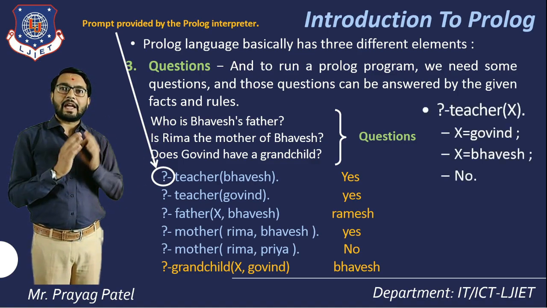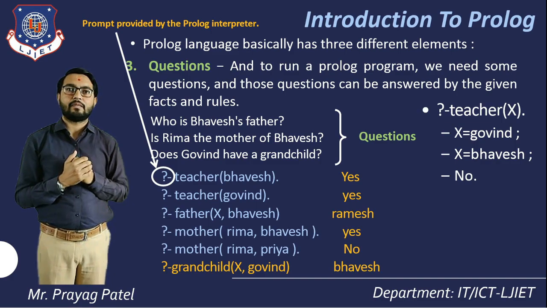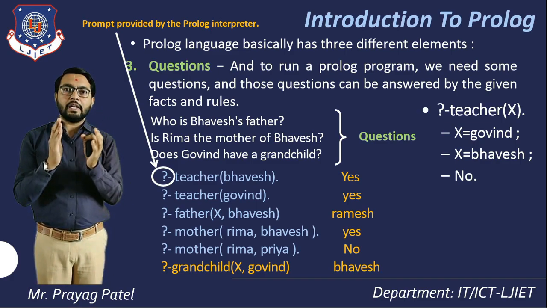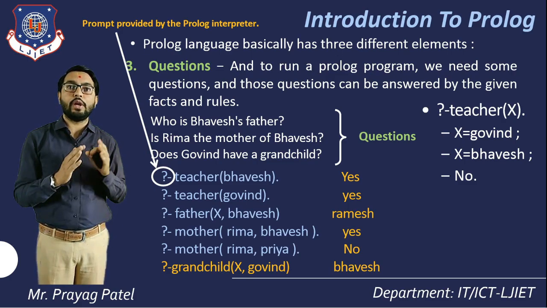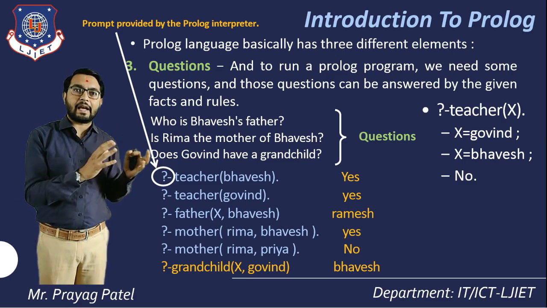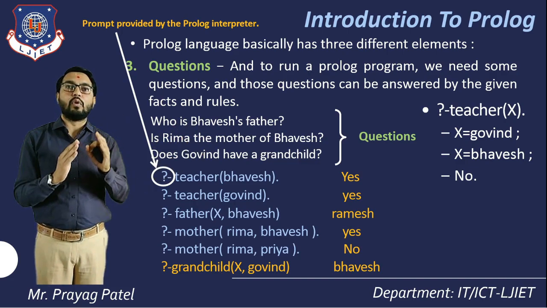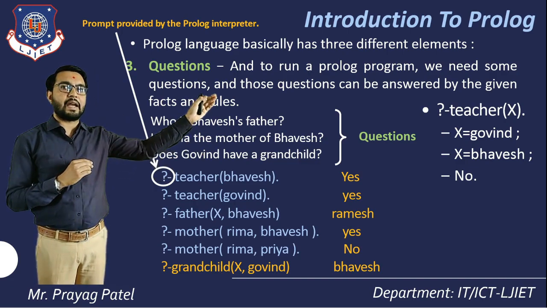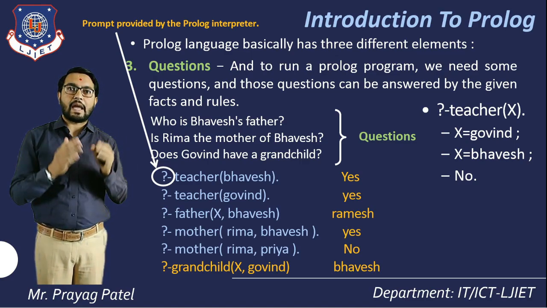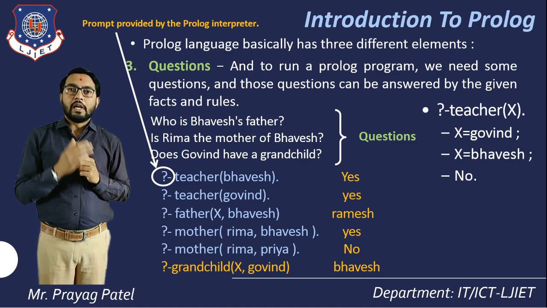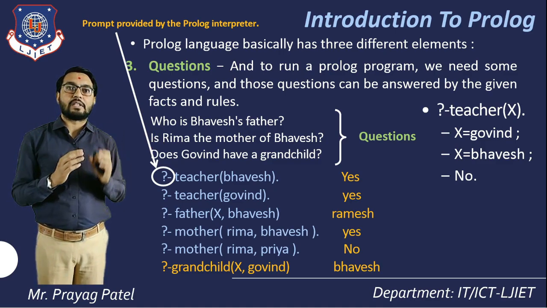Now another example of the question is teacher(X). For the given knowledge, find the answer of the teacher. Who is teacher? So teacher(X). So find the value of X. So our answer is X equal to Govind. If we write the first line only, teacher(X), then full stop, it means X equal to Govind. If you want to find another answer, a second answer, then write the semicolon.